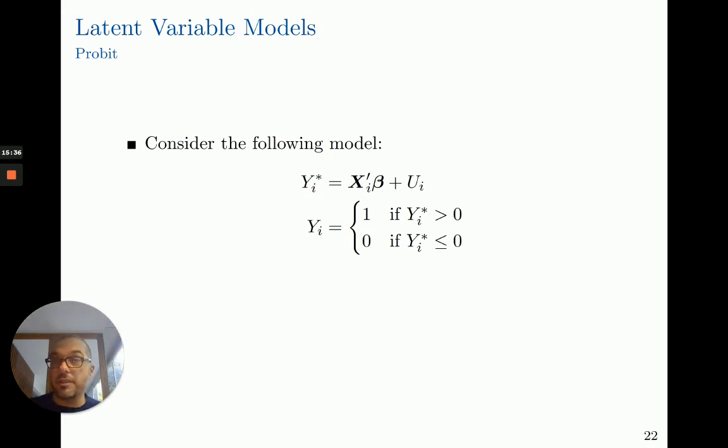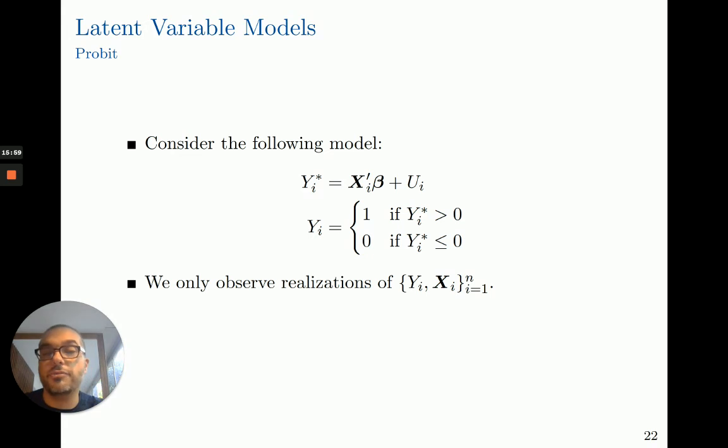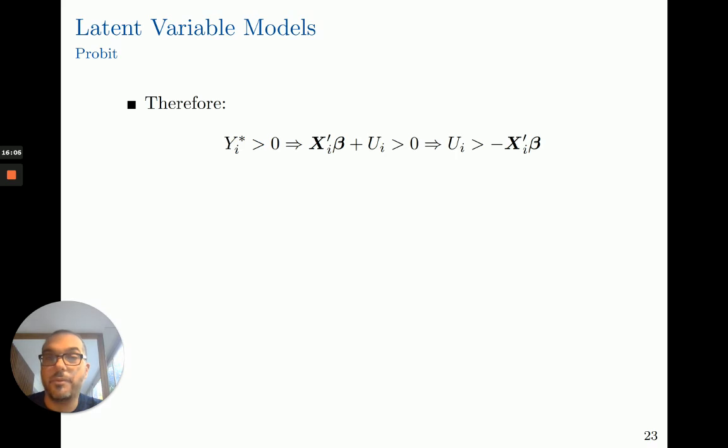What we observe is y, and y is equal to 1 if y star is positive, and y equals 0 if y star is equal to 0 or negative. So we only observe realizations of y and x. Y star we do not observe. As I mentioned, y star is a latent variable.